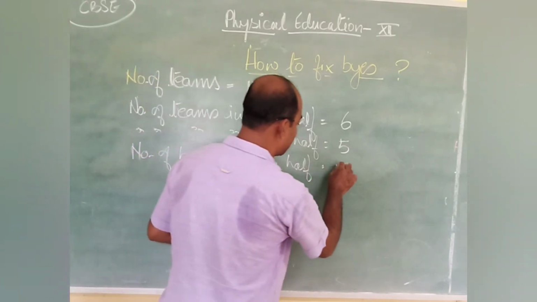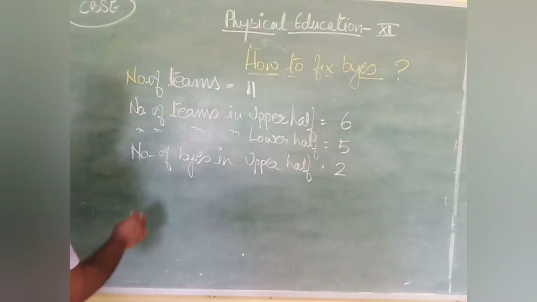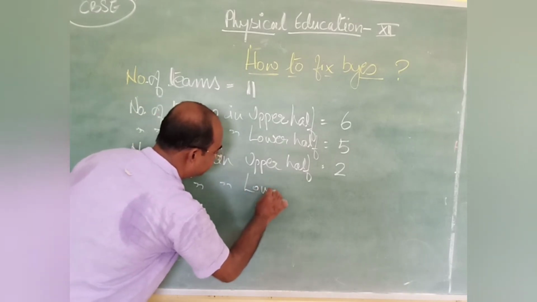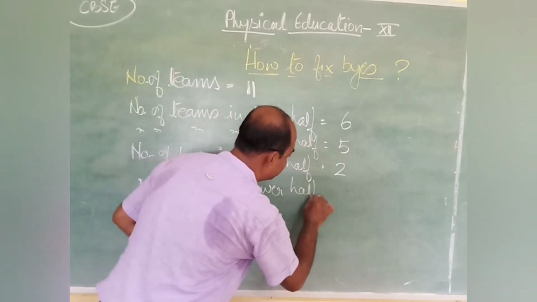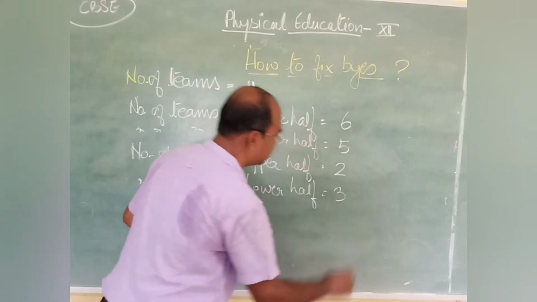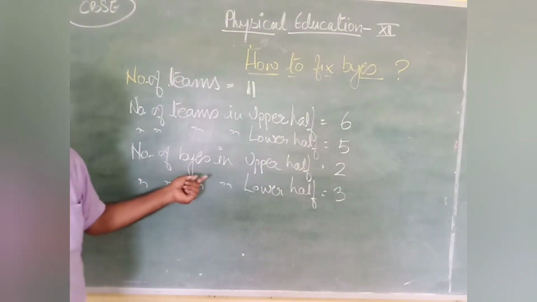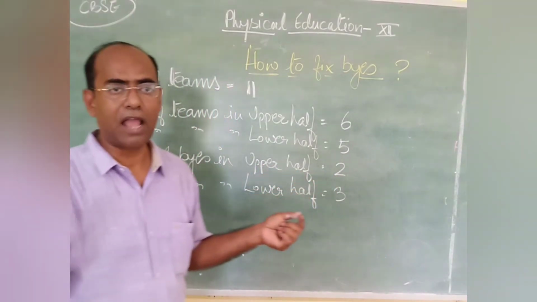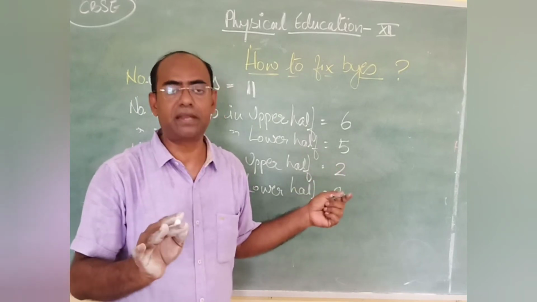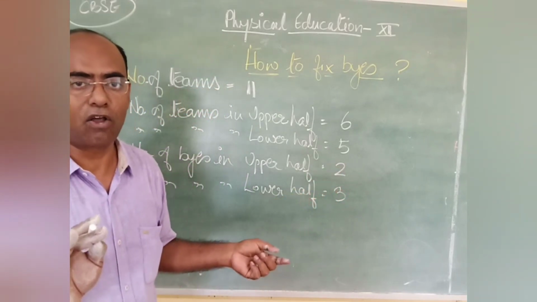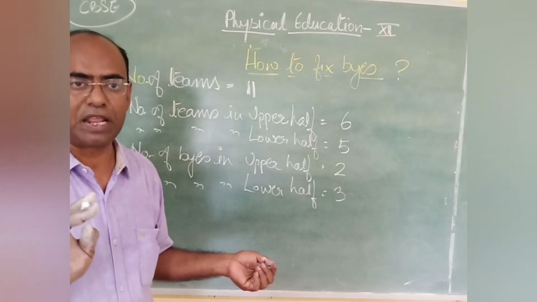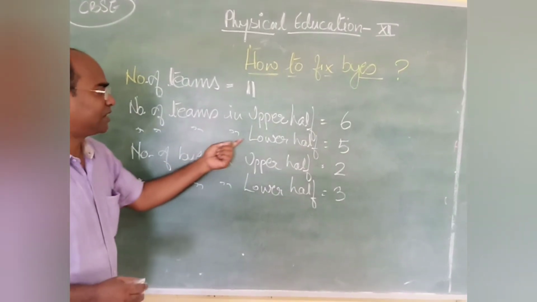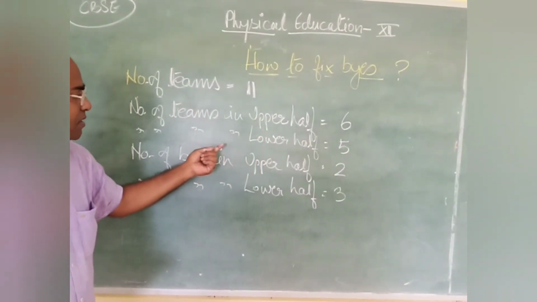So number of buys in upper half will be 2, then number of buys in lower half is equal to 3. So total number of buys we are giving 5. And if you remember, I told you, again I repeat, number of buys is always next power of 2 minus total number of teams.